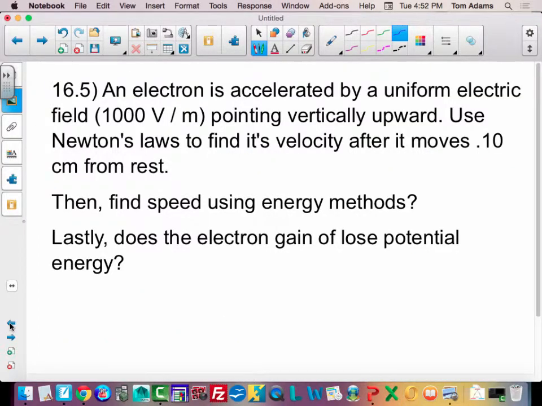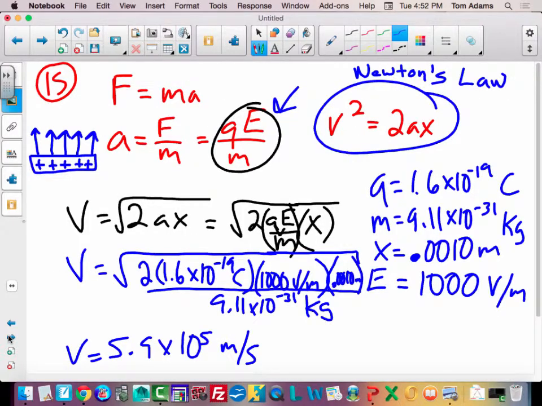It says an electron is accelerated by a uniform electric field pointed vertically upward. Use Newton's law to find the velocity after it moves 0.10 centimeters from rest. So we can assume that this electron, which has a negative charge, is going to be attracted to the positive charge, and it'll be accelerated from this position downward.